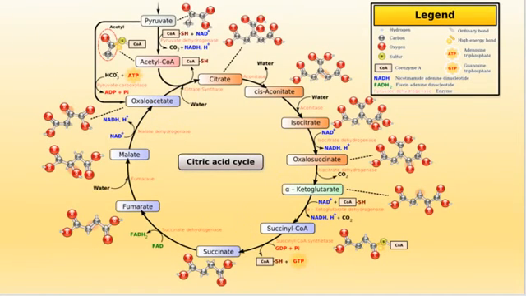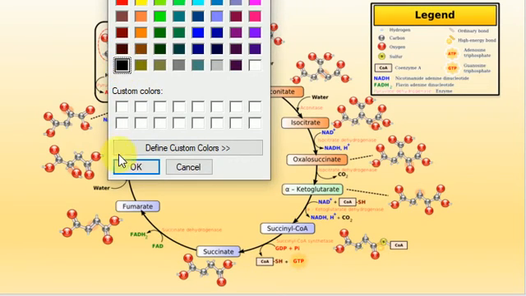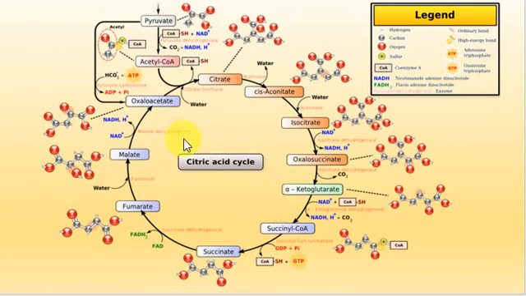So how many steps are involved overall? The first step will be the condensation of oxaloacetate and the acetyl group: oxaloacetate reacts with acetyl coenzyme A and H2O to yield citrate and coenzyme A. Then in step 2, an isomerization reaction will occur, and in the third step, isocitrate is oxidized and decarboxylated to alpha ketoglutarate.